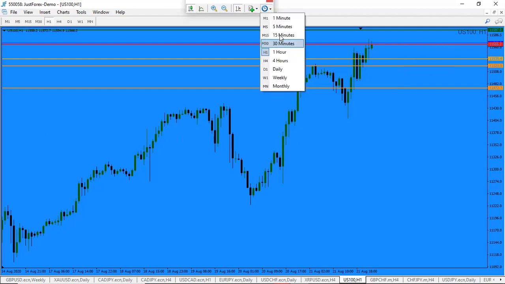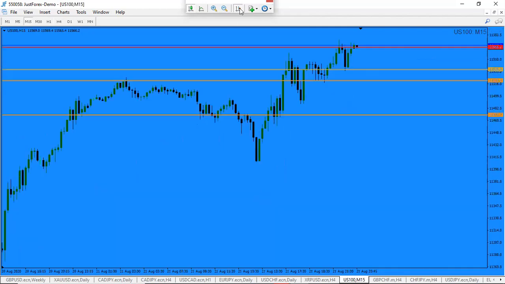Just switch to 15 minutes. You can see what's happening here. We had a breakout at this level, retracement, then a rally, you see. Then here again, this level was tested at this point.